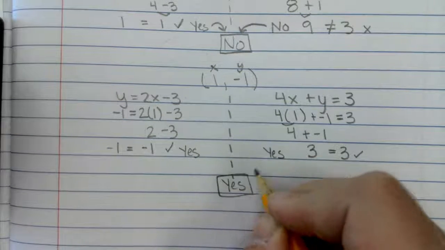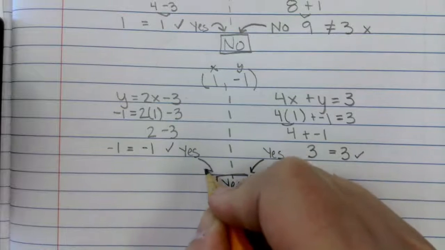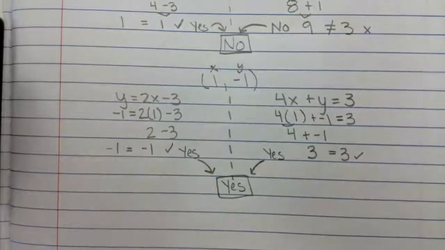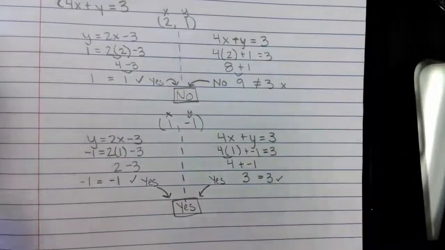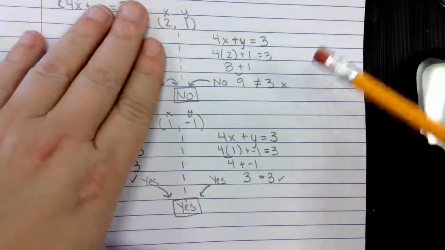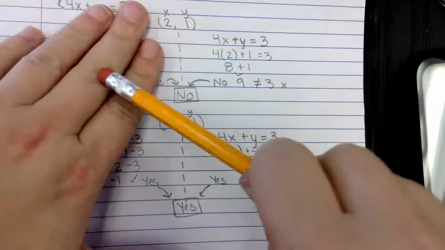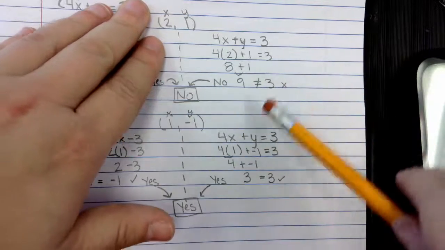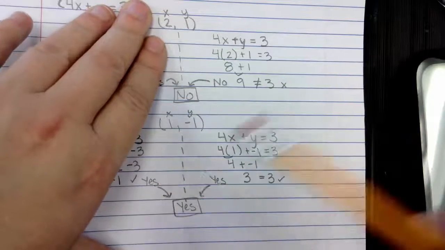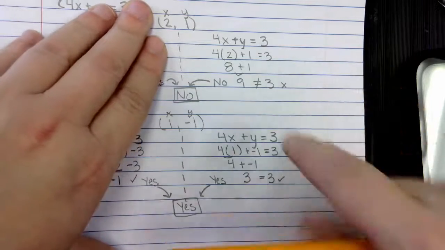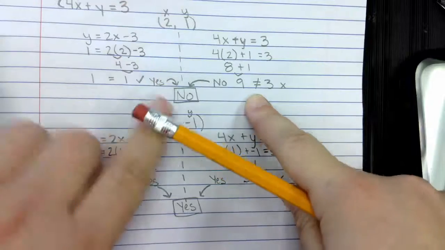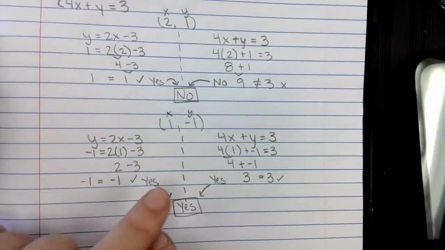Okay, let's think back just for a second, back to that first part, this one where it said no. If we started with this one and I knew that this was a no, do I even have to try the second one? No. As soon as we find out one of the answers is a no, the overall answer is no, because in order to be a yes, they both have to be yes.